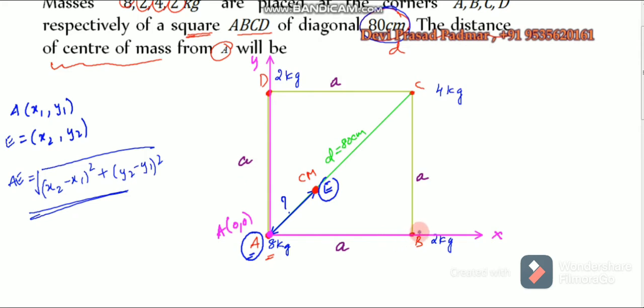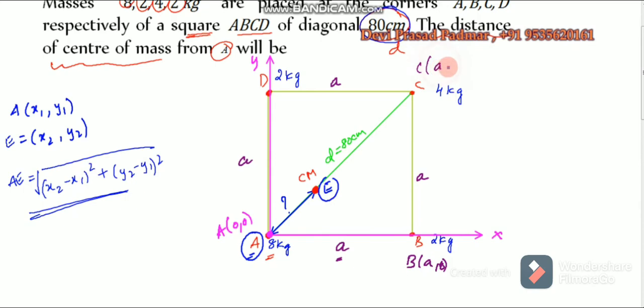Now what about the coordinates of point B? Along the x-axis it is at a distance a, and along the y-axis 0. Therefore point B is a, 0. Then what about point C?